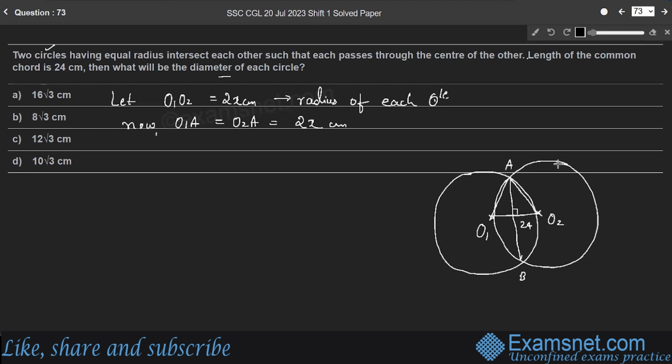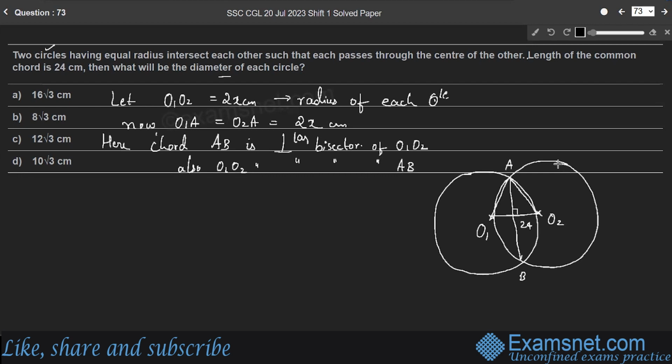Since the radii of the two circles are equal, and also the chord is common, chord AB is the perpendicular bisector of O1O2, and O1O2 is perpendicular bisector of AB. O1O2 and AB are perpendicular bisectors of each other.